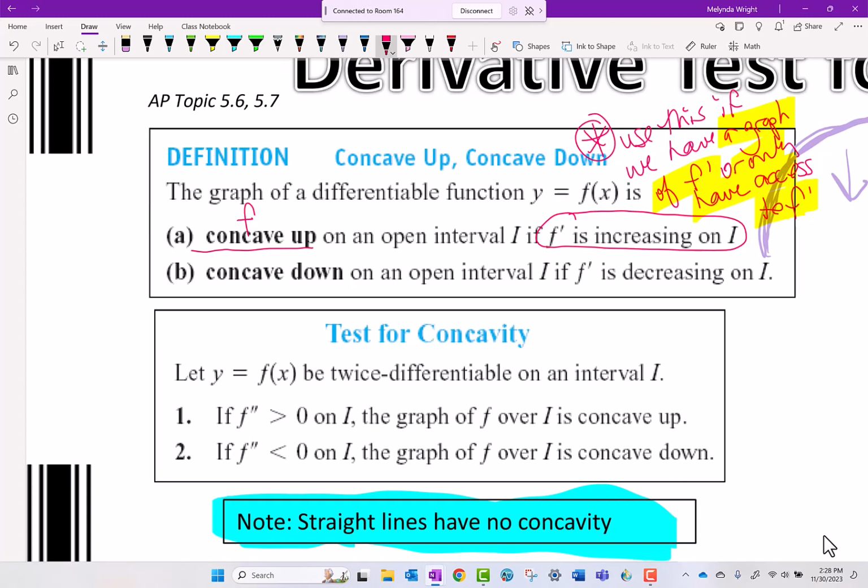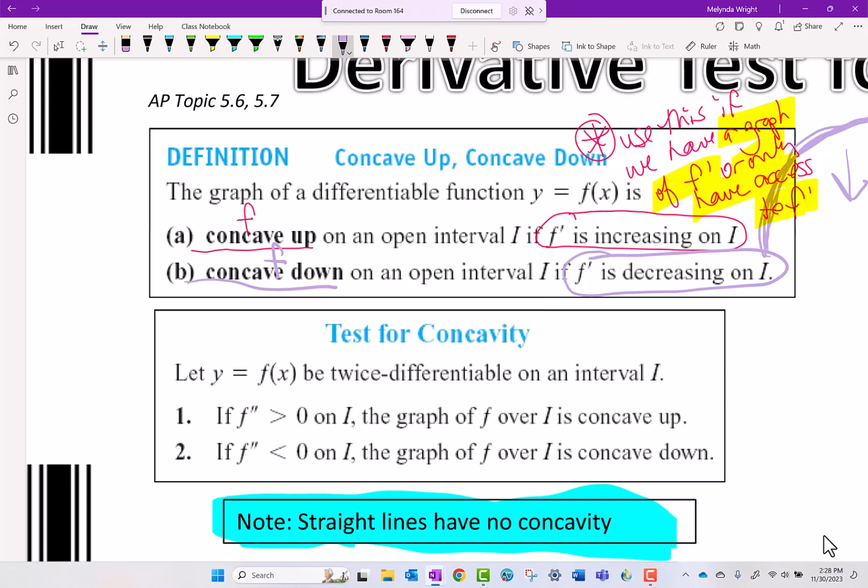For concave down, f is concave down if f prime is decreasing. Those are two concepts we need to link together in our minds. Concave down, f prime decreasing; concave up, f prime increasing. So that's using the first derivative.